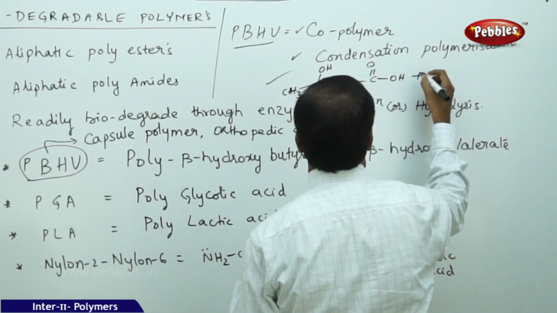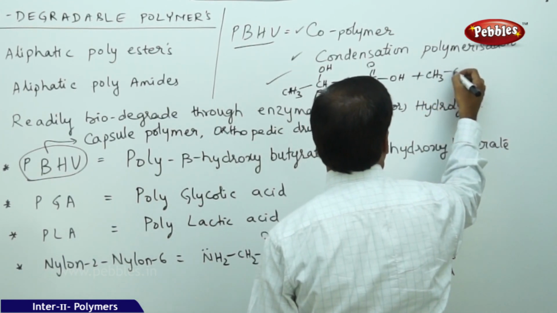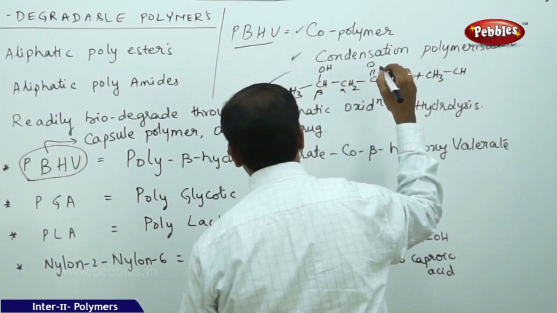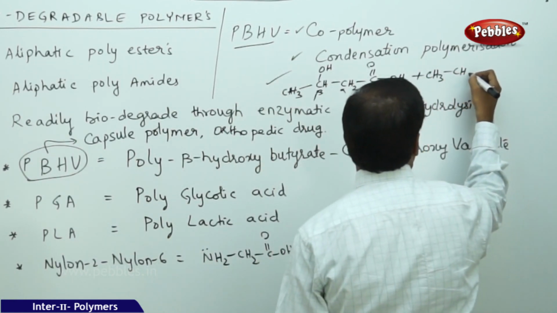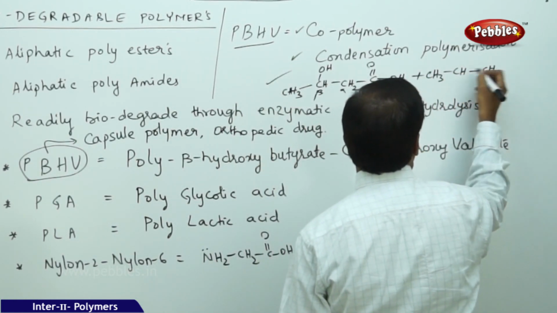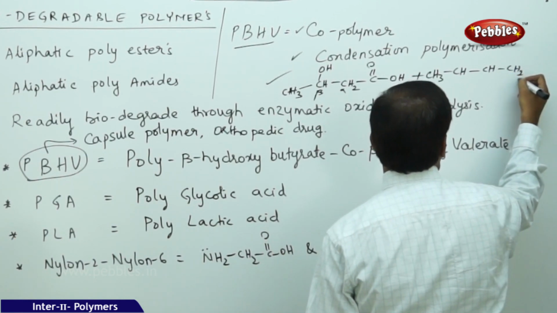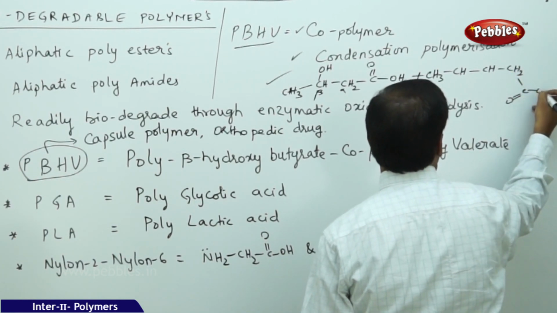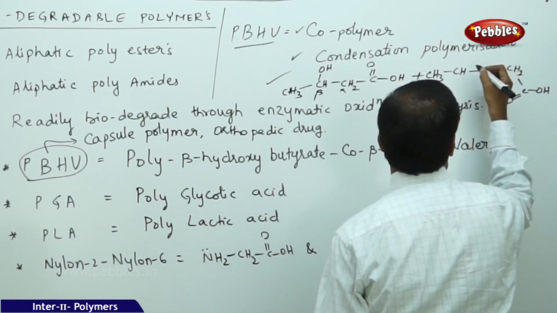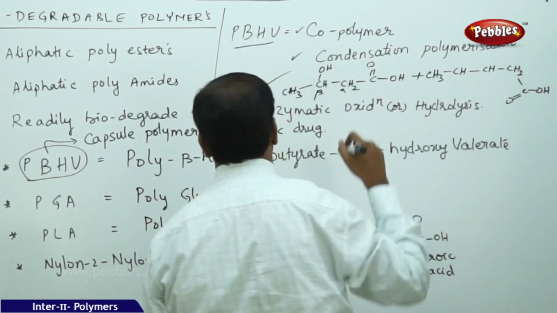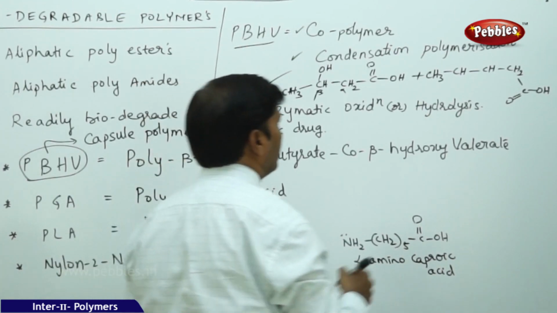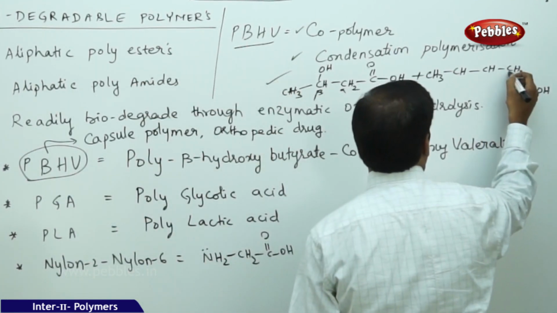This is one monomer, and the other one is CH3, CH2, CH, carbons 1, 2, 3, 4, 5. We call it poly beta hydroxy valerate. Beta hydroxy means this is alpha and this is beta.